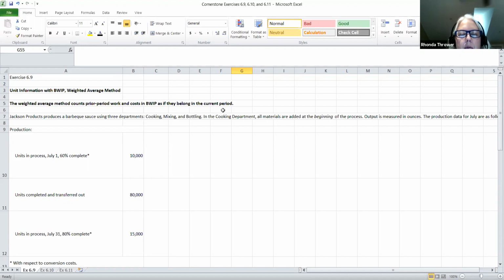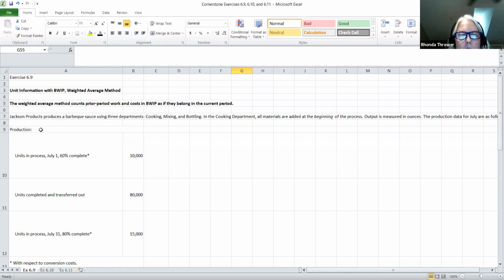You remember when we did the FIFO method, we had to go back to a prior period and count the cost for the prior period. They were not included with this period's cost. But in the weighted average method, we're going to count our beginning inventory as if it happened in this current accounting period.